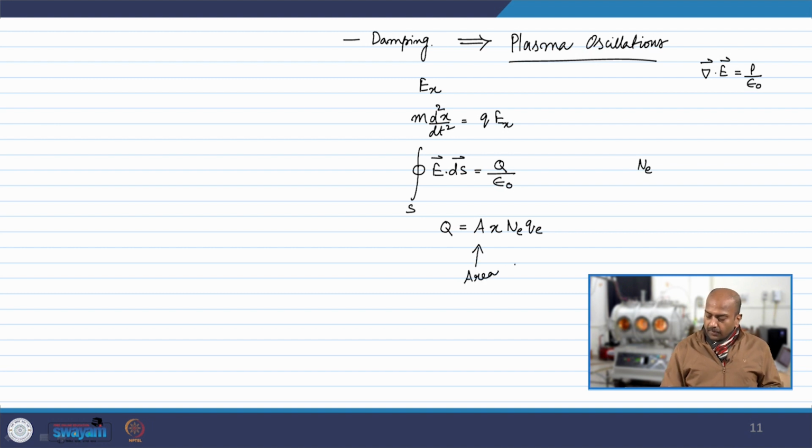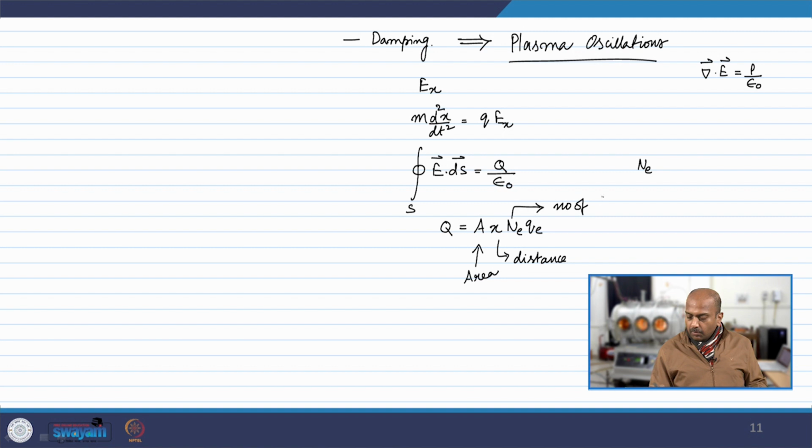A is the area, x is the distance, Ne is the number of carriers per unit volume and Q is the charge per electron or carrier.